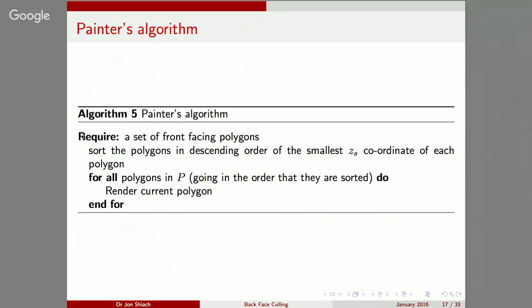Let's say you've got a triangular polygon with three vertices that may have different z coordinates. Which one do you pick? We pick the smallest one, which is closest. For all polygons, going in the order in which they were sorted, so you've now got a list of your polygons from last to first, you render them in that order. So that's the painter's algorithm.